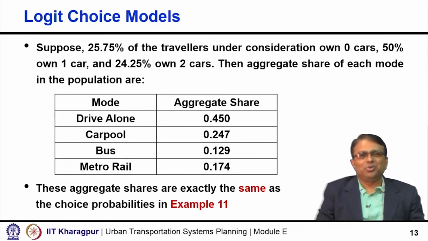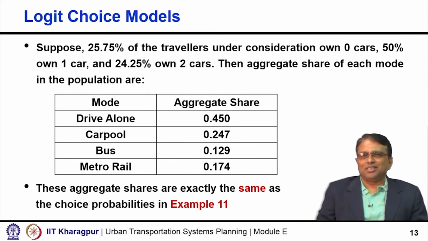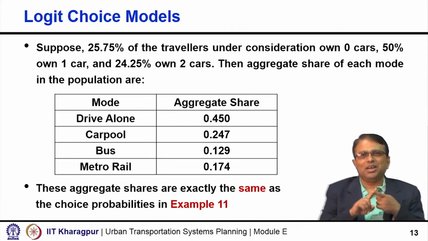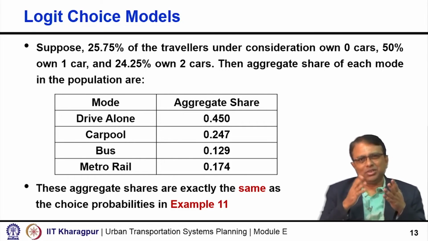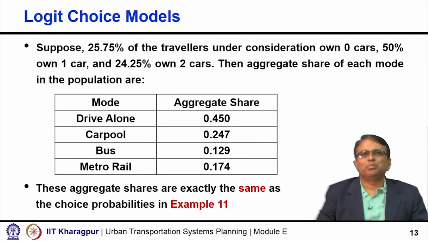So, as if the overall distribution is same, but the inside stories are different, because now we know the 0 car, 1 car, 2 car ownership, our model includes that relevant variable. The utility equation includes automobile ownership, and also we know the percentage of population with 0 car, 1 car and 2 cars. So, the inside stories we also know.